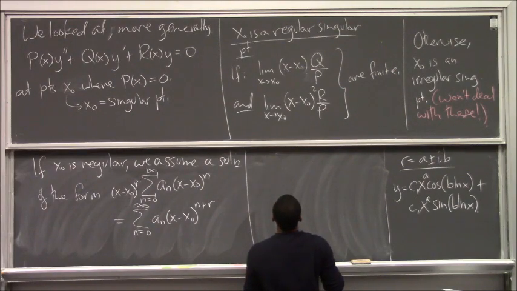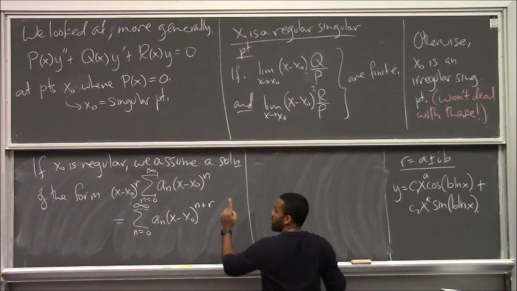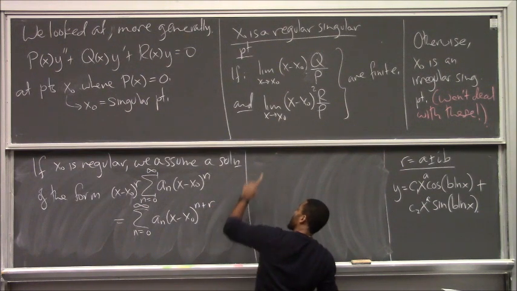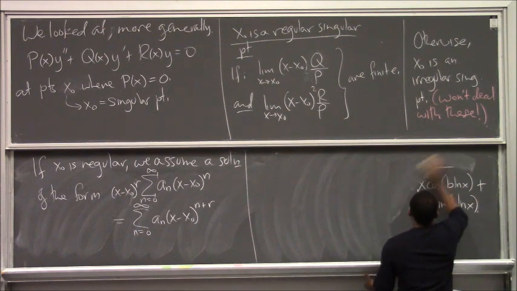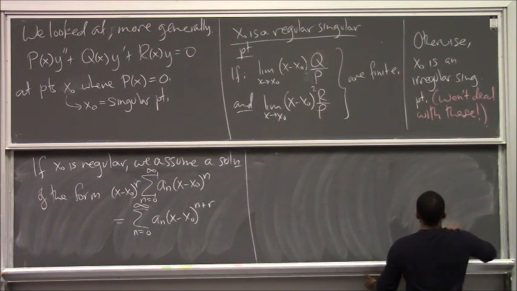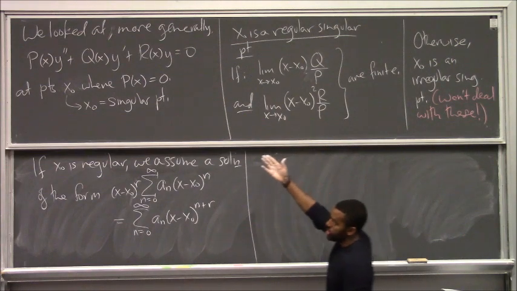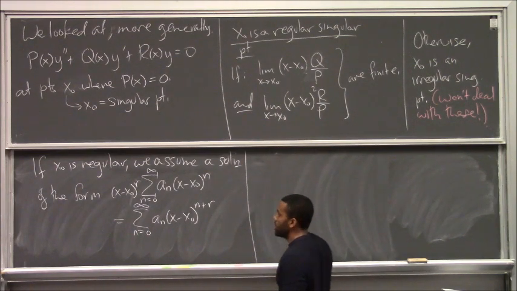I want you to appreciate that the r here is the r that you would get if this guy behaved like an Euler equation. We want it to behave like an Euler equation, even though it's not one, but it's the r from the indicial equation.